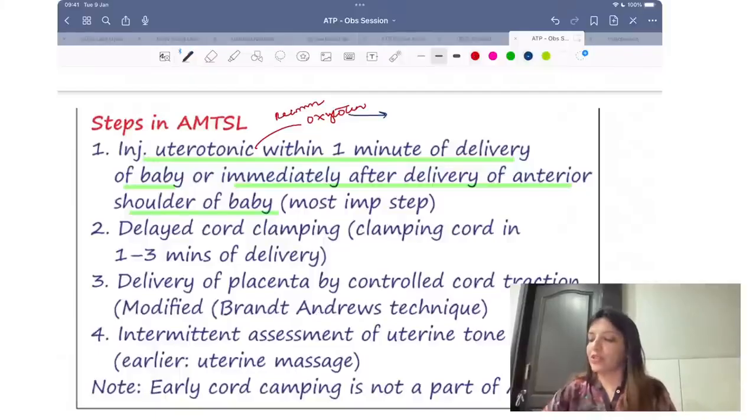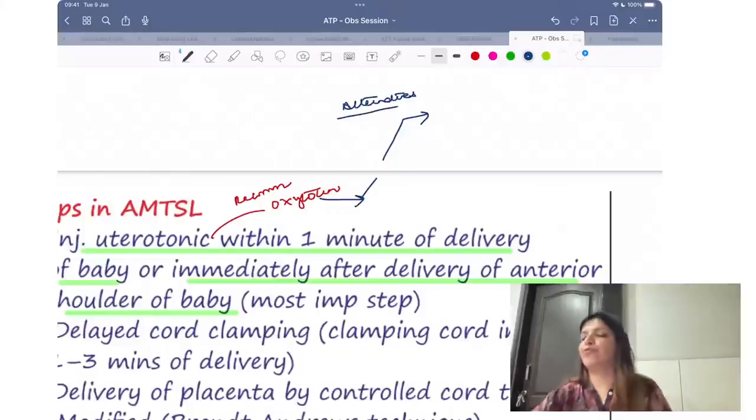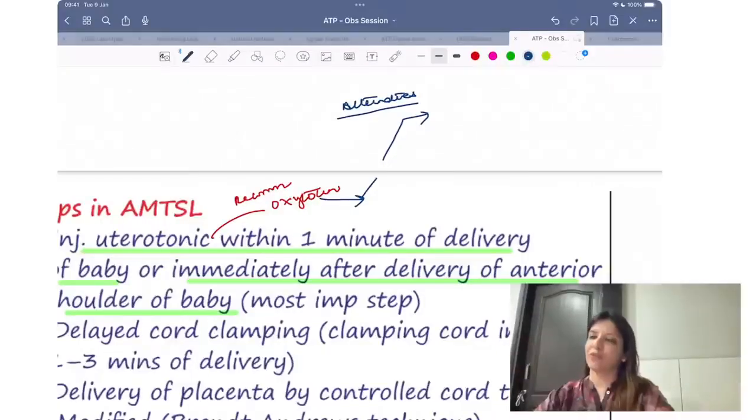If oxytocin is not available, you are going to tell me what the alternatives are. Tell me, if oxytocin is not available, what are the alternative uterotonic drugs which you have to give?